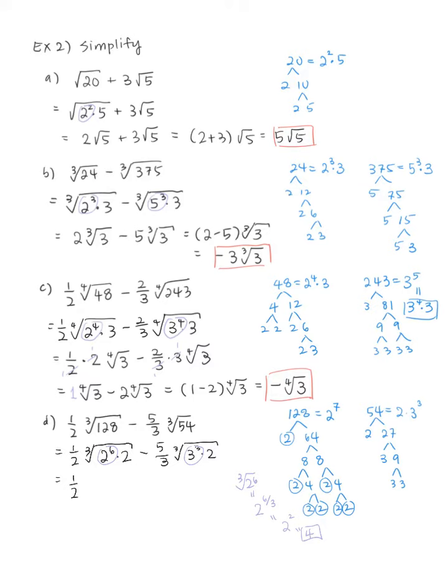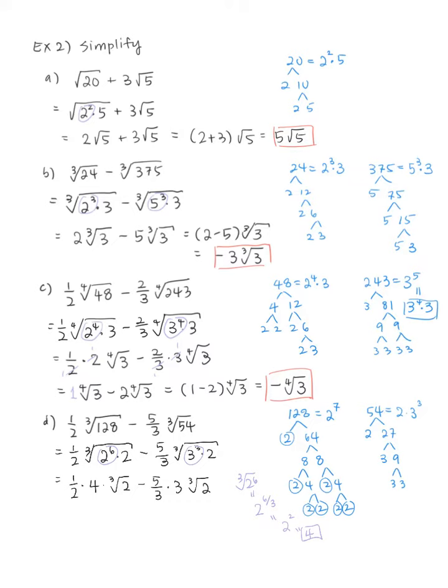Alright, so here what we're going to get is multiplying here by 4 times the cube root of 2, and then minus 5/3, and then we have a cube root of 3 to the 3rd, so that's just going to be 3, and then cube root of 2.